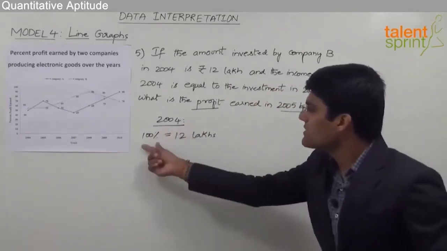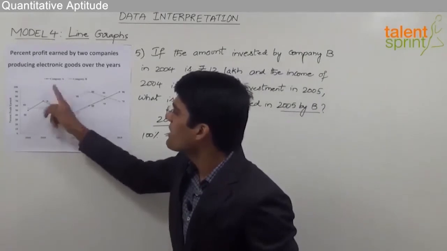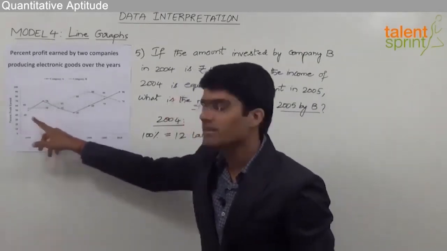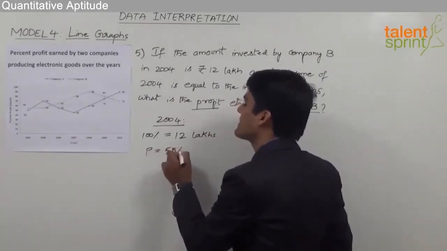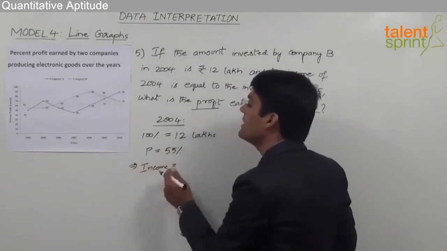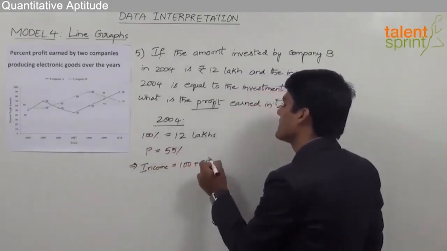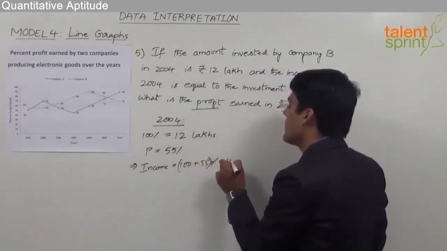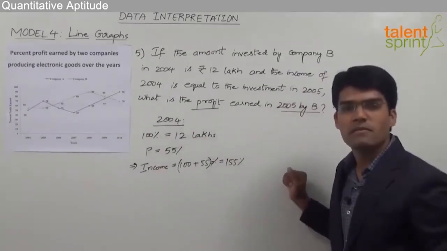Now, we know that in 2004, 100% is 12 lakhs, and from the graph, in 2004, the profit of company B was 55%. So the profit here is 55%. If profit is 55%, we can say that the income of company B in 2004 should be 100 plus 55, that is equal to 155%. So in 2004, the income of company B was 155%.